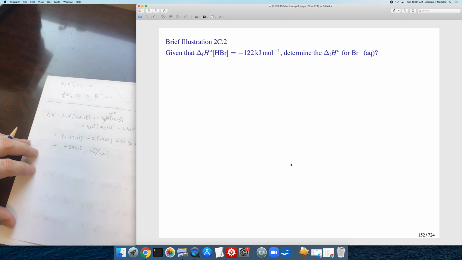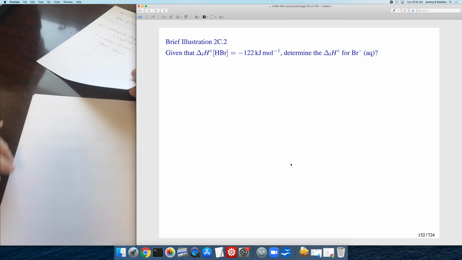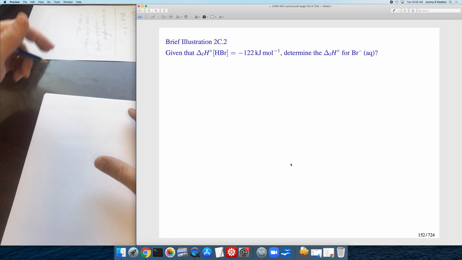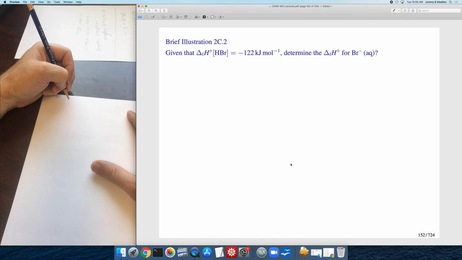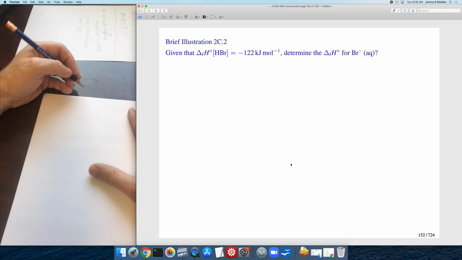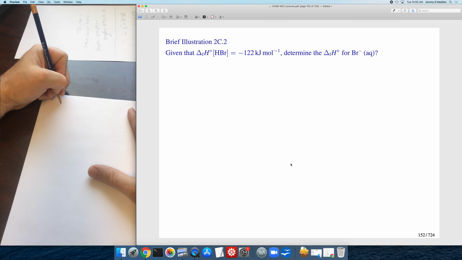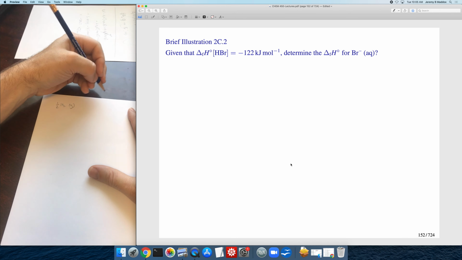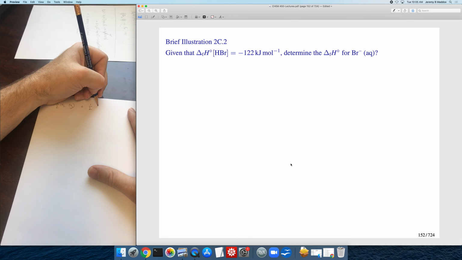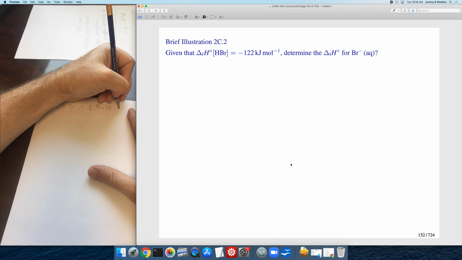I think I may have figured out this problem while I was doing the other problem. Let's write out the reactions that we have. The formation reaction for hydrogen bromide would be 1/2 H2 gas plus 1/2 Br2 liquid.